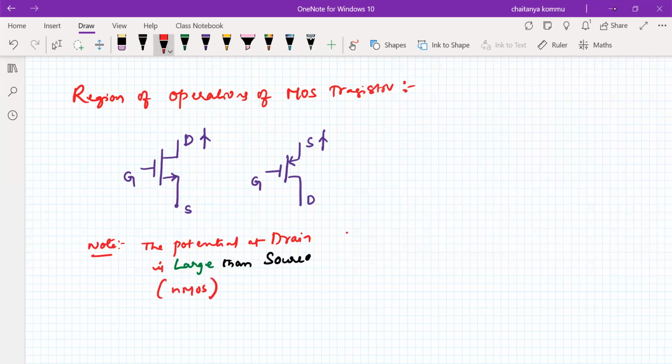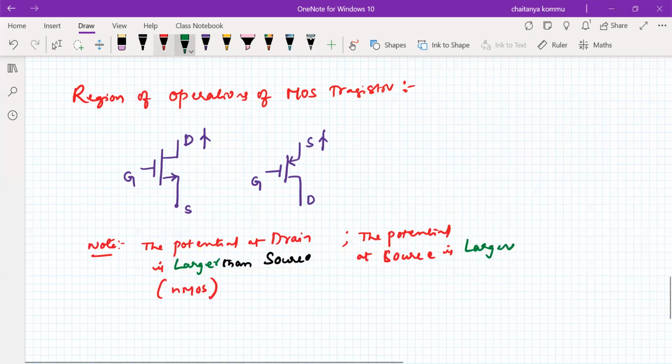Whereas in PMOS it is different: the potential at the source, very important, is larger than the drain. This point will be very clear at a later point of time. Please remember, this is in case of PMOS.